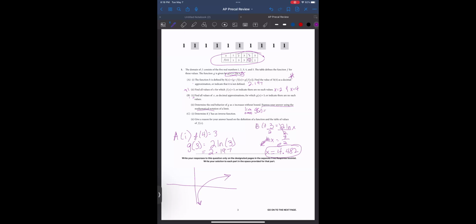Miss Perdomo, for the negative one, would you put 0 or negative infinity? Because it's approaching 0. That's what the graph shows for going left.